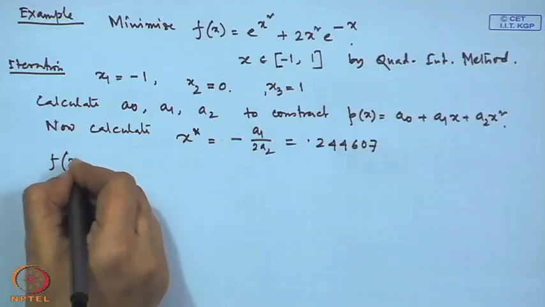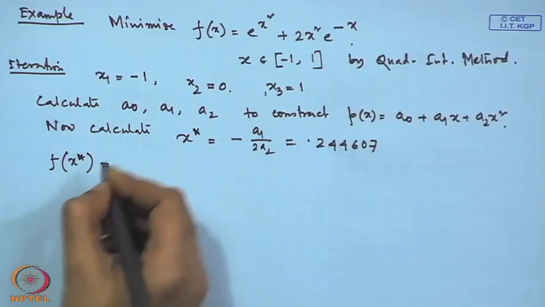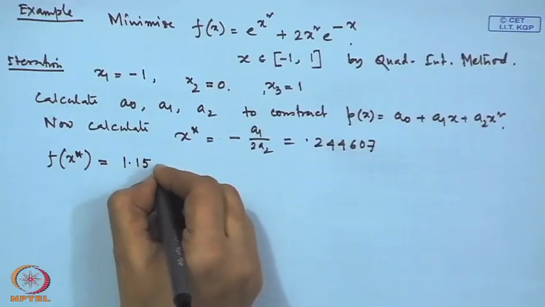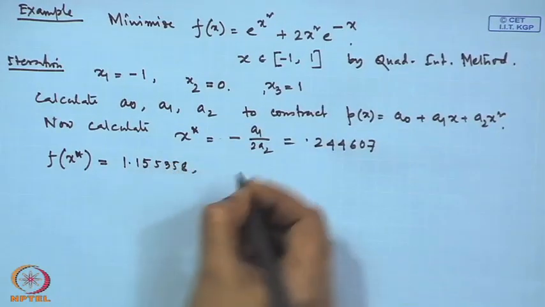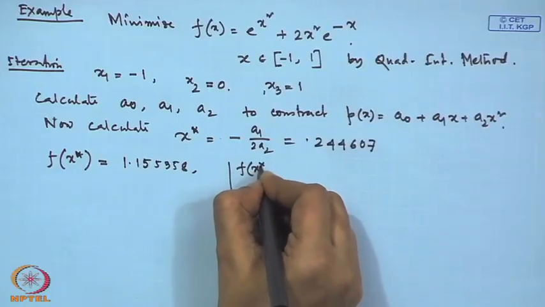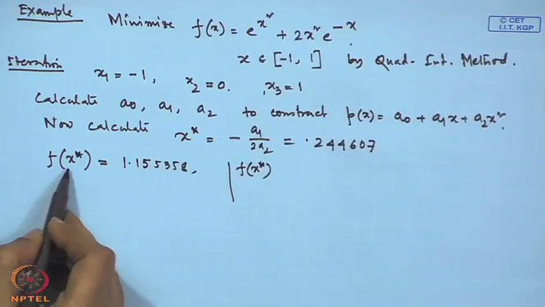That is why we will go for the functional value of f(x) at x star. We see the functional value is 1.155358, and we will check. I can check the condition, as I said: the first order derivative of the function at point x star. If it is very small, then we can stop our iteration.